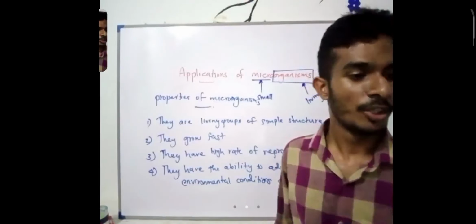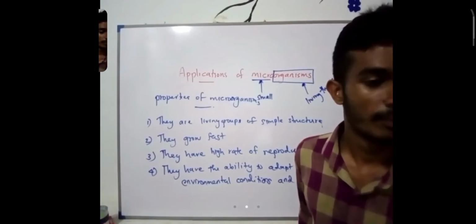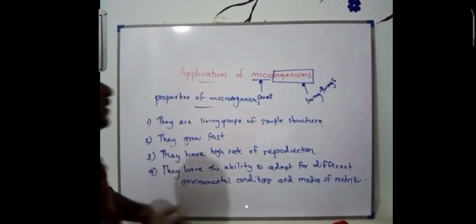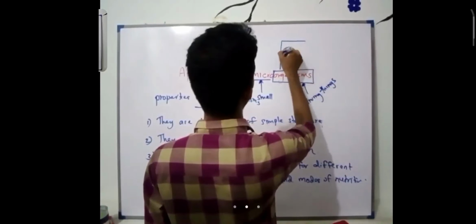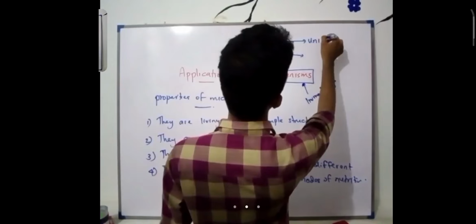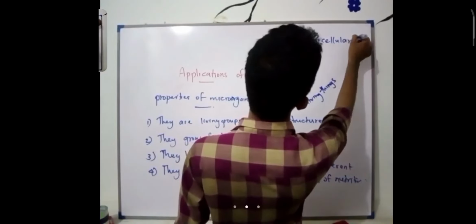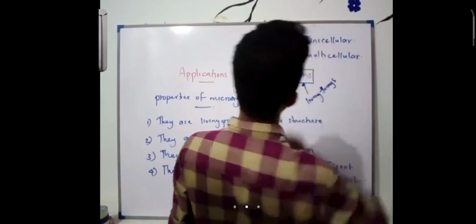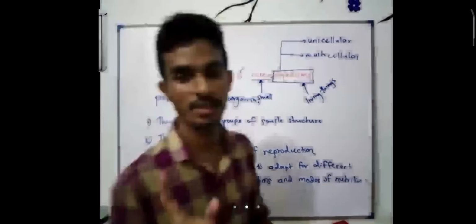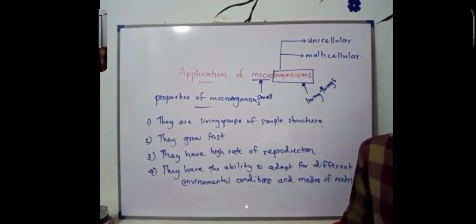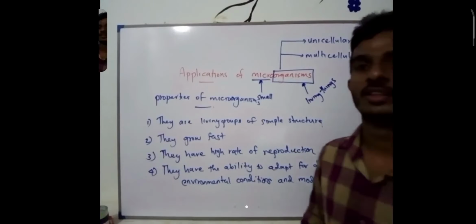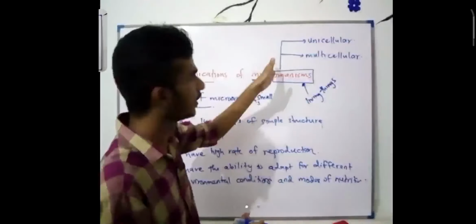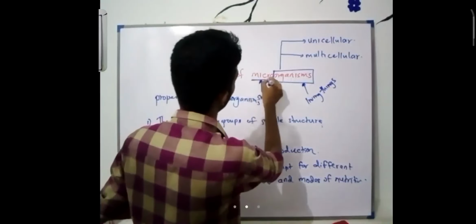Right. Here in microorganisms we have unicellular and multicellular. Okay, microorganisms we are going to categorize as unicellular and multicellular. Right? What do you mean by uni? I have already told you how to tell a definition. So here I divided this term into two portions: micro and organisms.